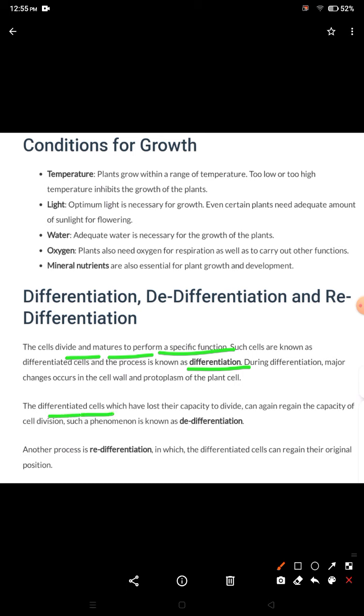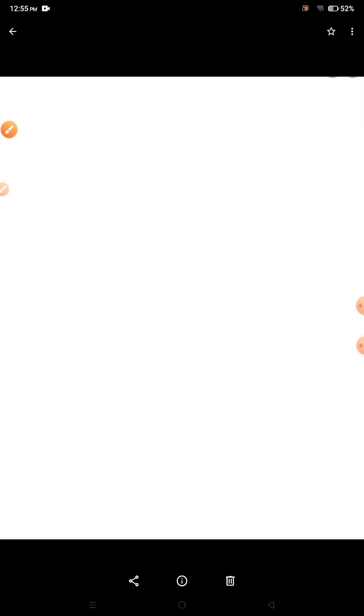The differentiated cells which have lost their capacity to divide can again regain the capacity of cell division. This is called de-differentiation. After de-differentiation, this cell again differentiates and regains its original position. This is known as re-differentiation.